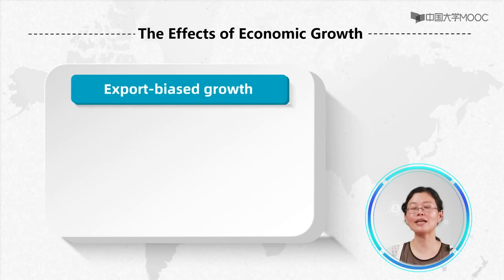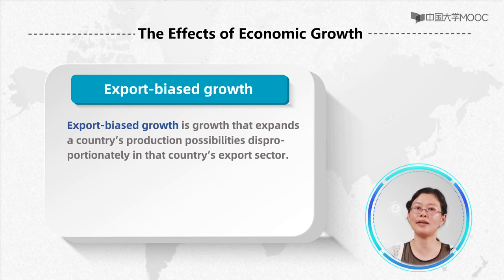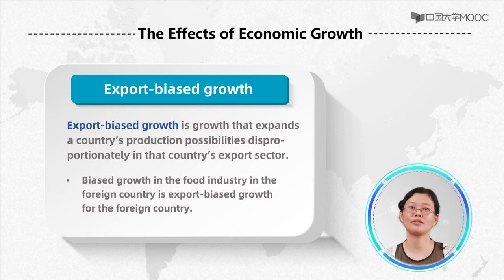Here, we will introduce two concepts. One is export-biased growth. Export-biased growth is growth that expands a country's production possibilities disproportionately in that country's export sector. Biased growth in the food industry in the foreign country is export-biased growth for the foreign country.